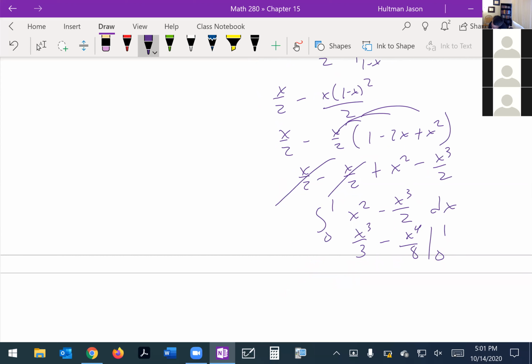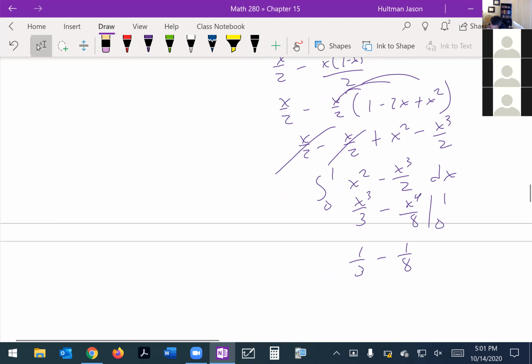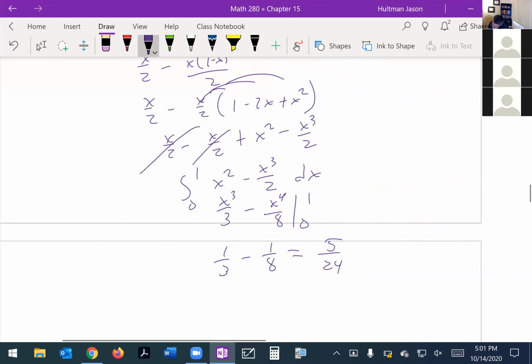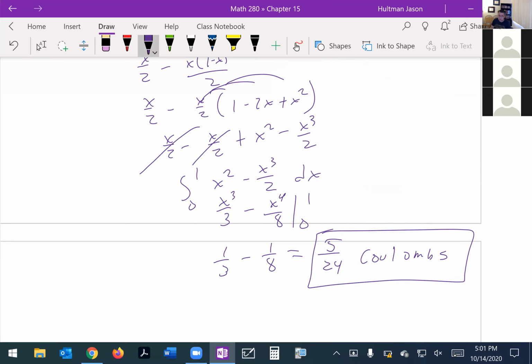So this just becomes 1/3 minus 1/8, which is 8/24 minus 3/24, which is 5/24. Charge is measured in coulombs, so it's 5/24 coulombs, which is the total charge over that area.